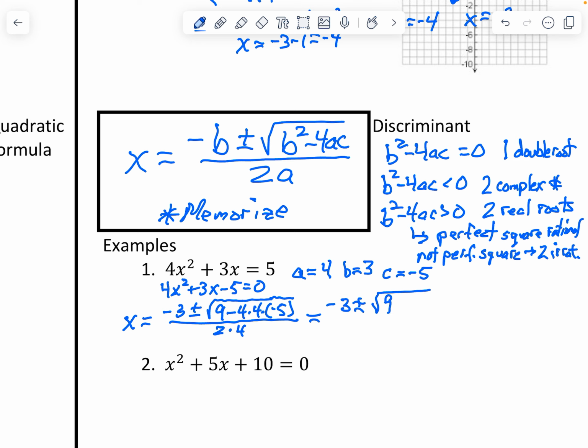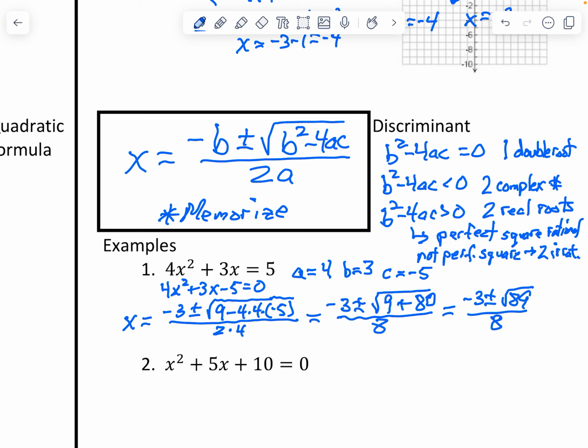And then I get this minus a minus is going to end up with a plus here. And then what I get from that, when I multiply those together, I get 80 when I multiply 4 times 4 times 5, all over 8. So I get negative 3 plus or minus the square root of 89 all over 8, excuse me.